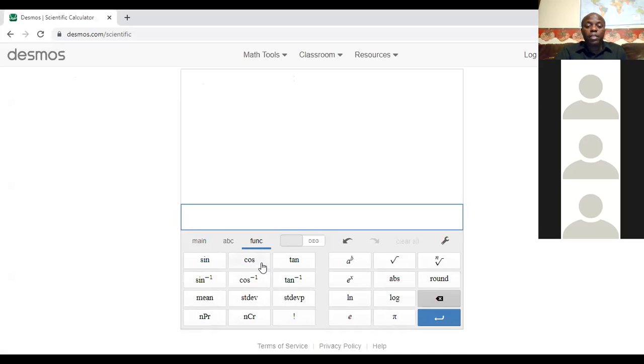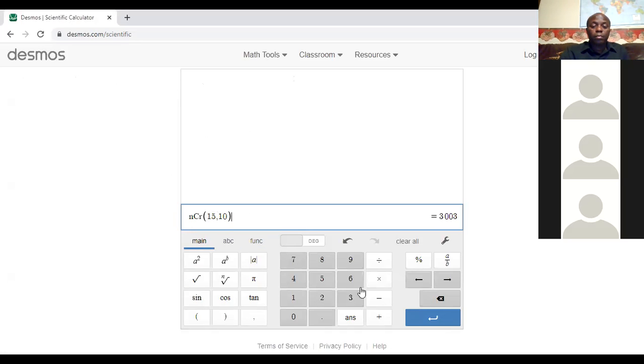So we have 15 combination 10, times 0.7 raised to the power 10, times 0.3 raised to the power 15 minus 10, which is 5. And I got 0.2061.